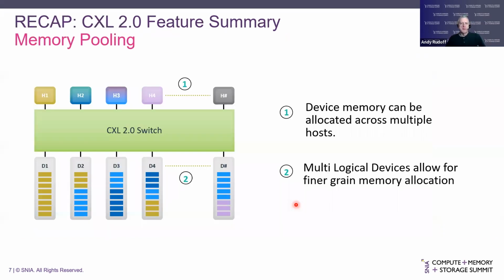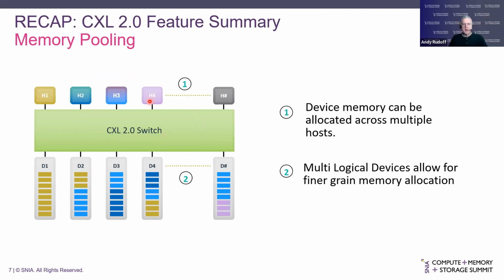So just to remind you of where pooling was left in 2.0, it was based on this idea that you would connect all these devices to a switch, and all these hosts are connected to the same switch. And by programming that switch, you're able to take blocks of capacity and assign them to specific hosts. It's a fairly heavyweight operation to change these assignments, roughly equivalent in software to what happens when there's a hot remove and a hot add.